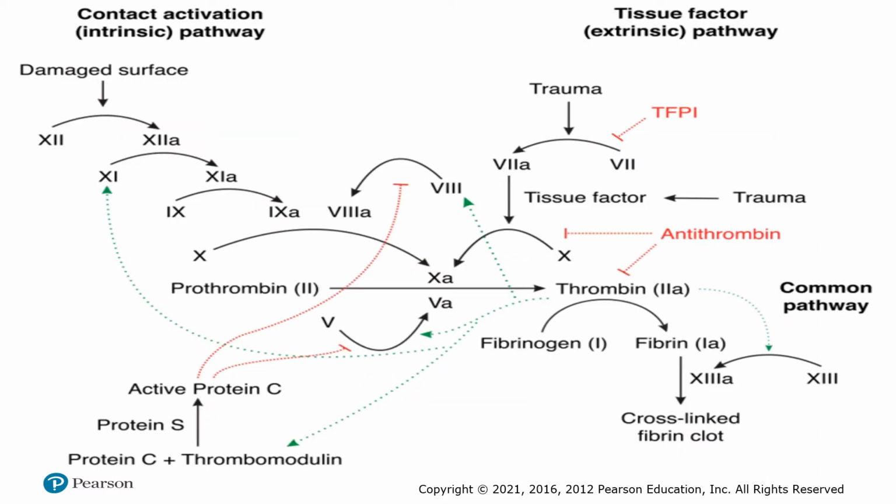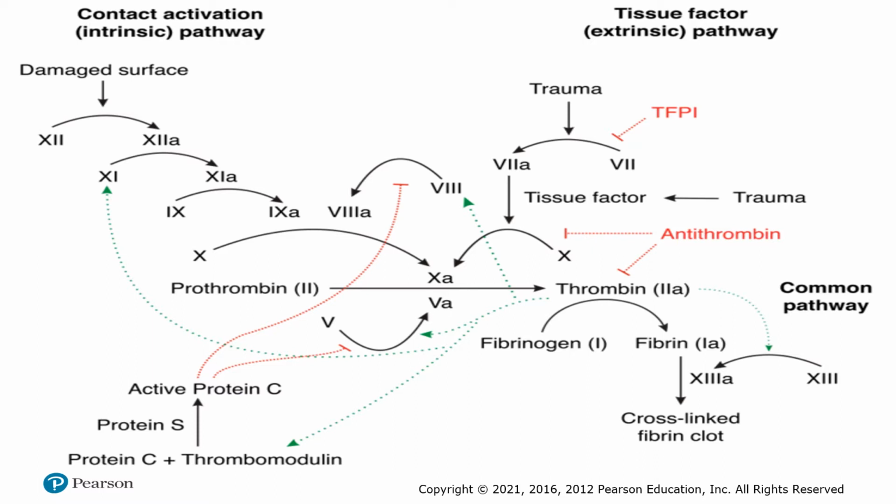This is the clotting cascade. So just be aware, you're not going to be tested on this information, okay? So there's an intrinsic pathway and an extrinsic pathway for clotting. The intrinsic pathway will start with some type of damaged surface, and it will go through all of the clotting factors and ultimately end up with some type of clot formed.